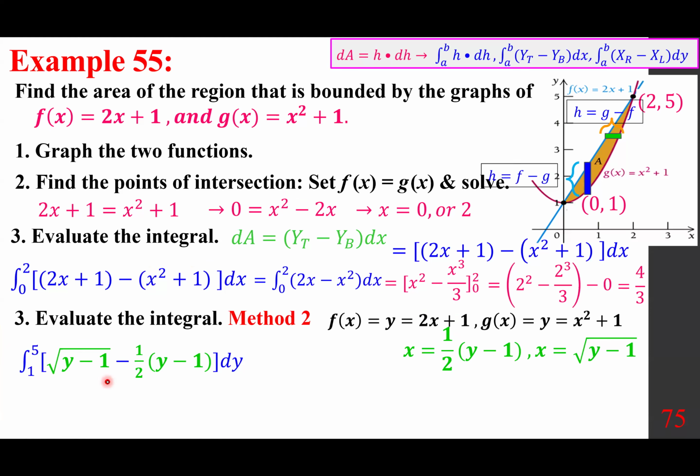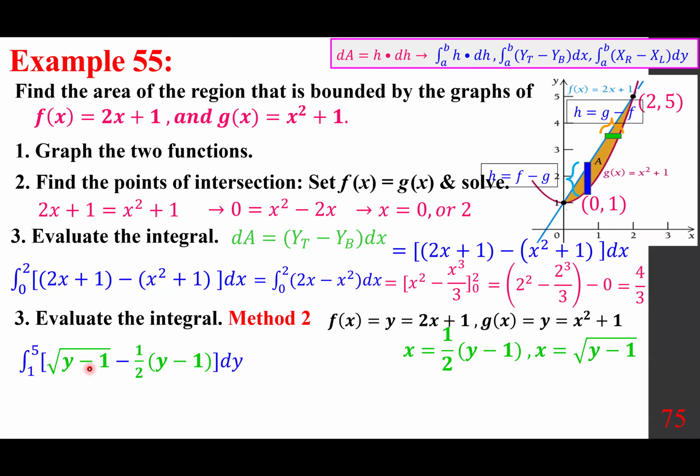So the limits of integration now, because we're going to go from the y coordinates of 1 to 5, because this green one goes up and down, everybody. So from 1 to 5. And then the right side is always the curve, this one. The left side is always the line, this one. And you are going to integrate that.